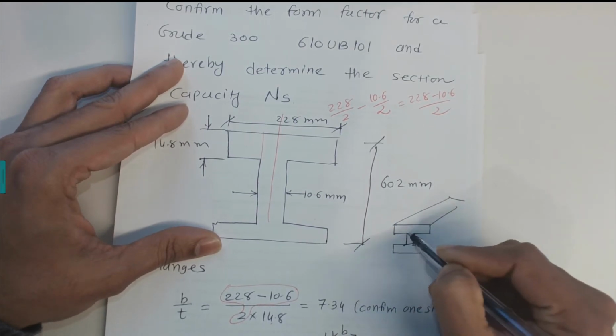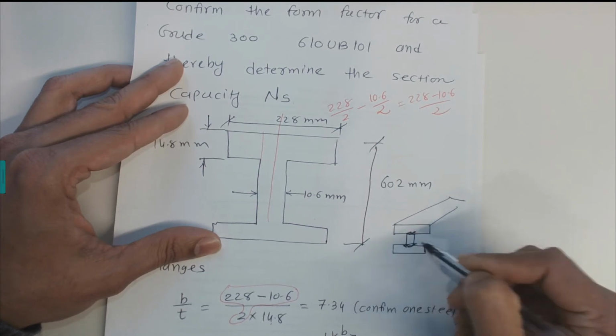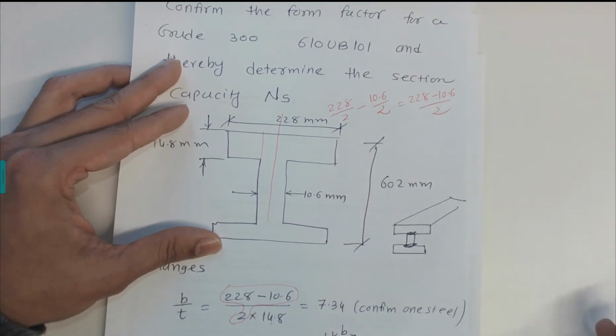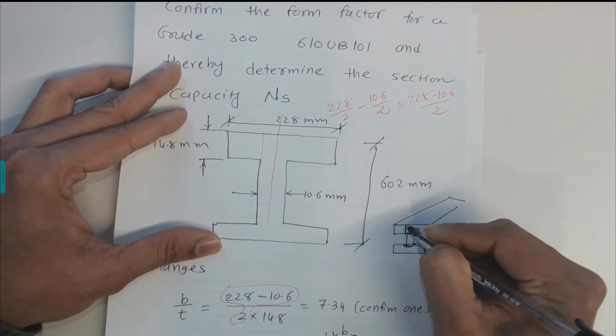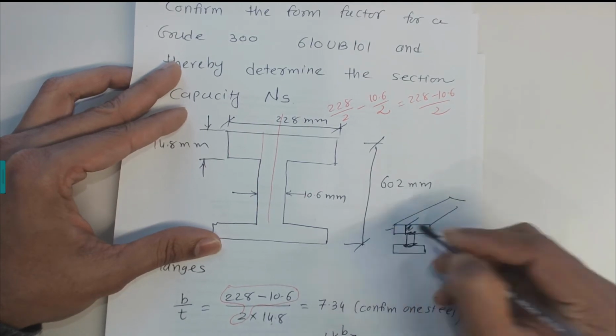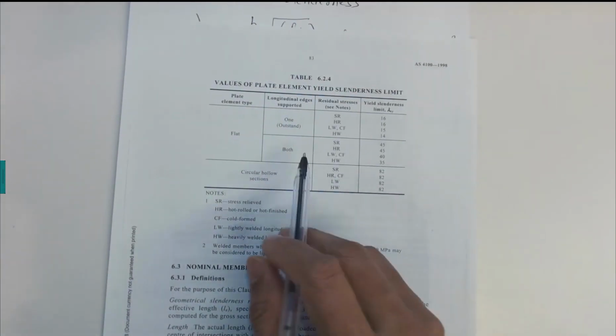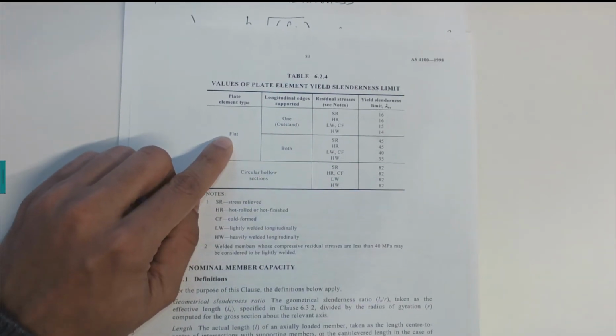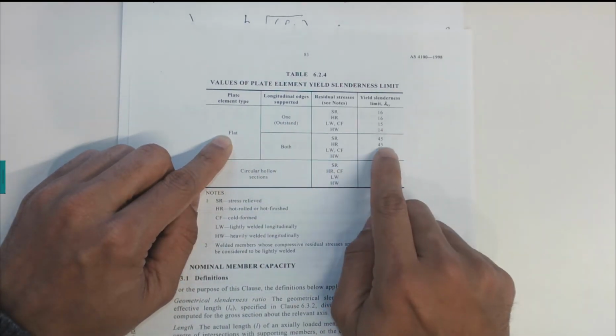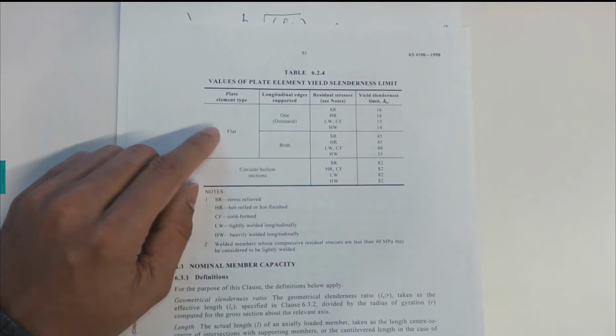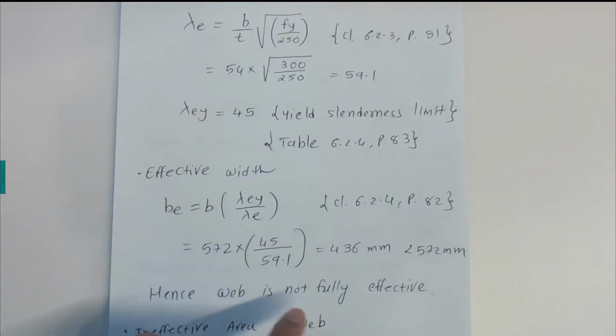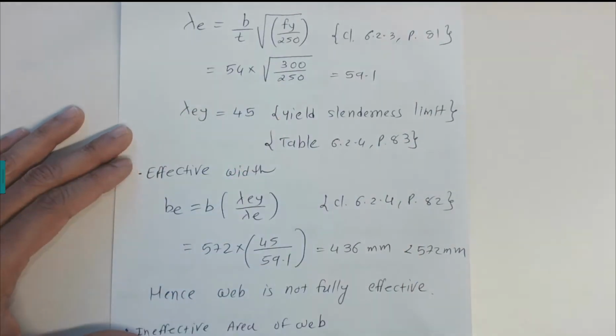I have both edges supported longitudinally, so that's what both edge support is. In the previous case, only one edge was supported, and the other was free. So therefore we have the case both edges supported, flat, and we have hot rolled section. In that case, lambda EY equal to 45.